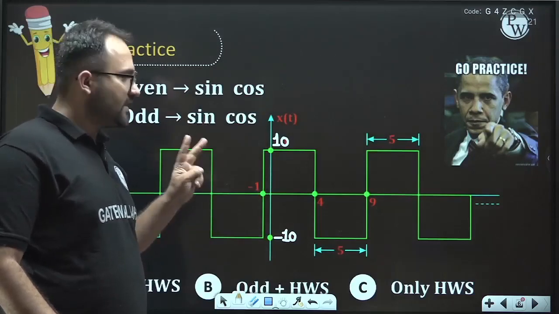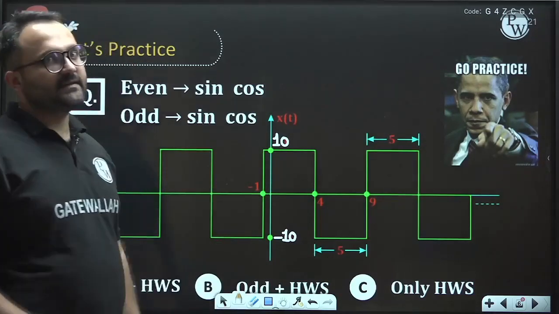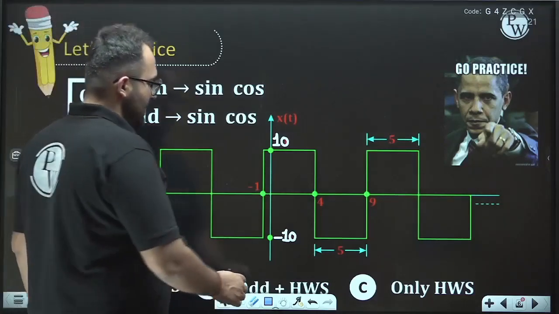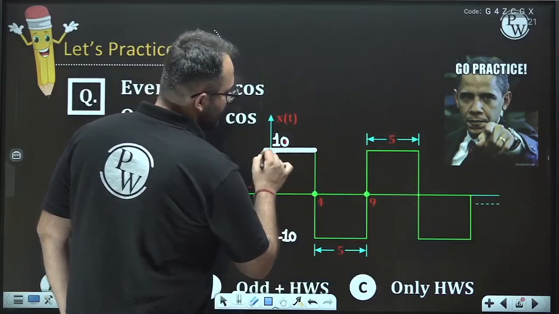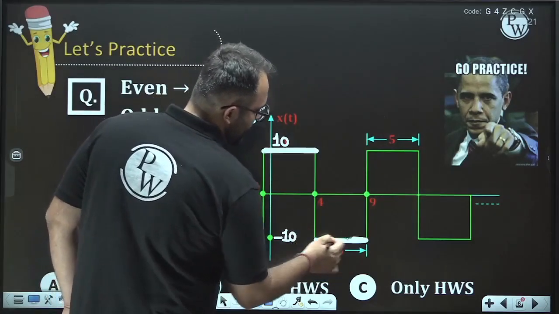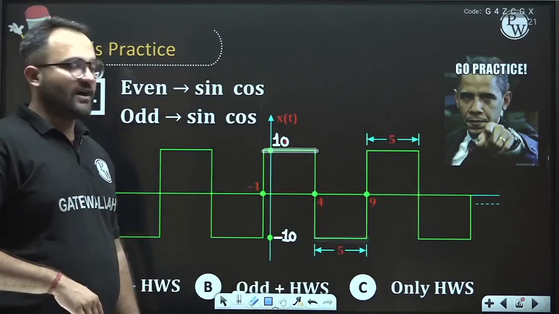Second thing, does this signal have half wave symmetry? Yes, this signal has half wave symmetry, because we can see that this signal is plus 10 for half duration, minus 10 for half duration. So if we shift the signal, we will get that this signal has half wave symmetry.